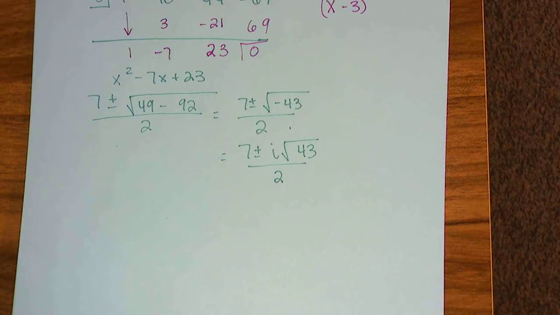So what are my other two factors then? Okay, yes, so then I have to subtract that stuff over to get x minus blah, blah, blah.